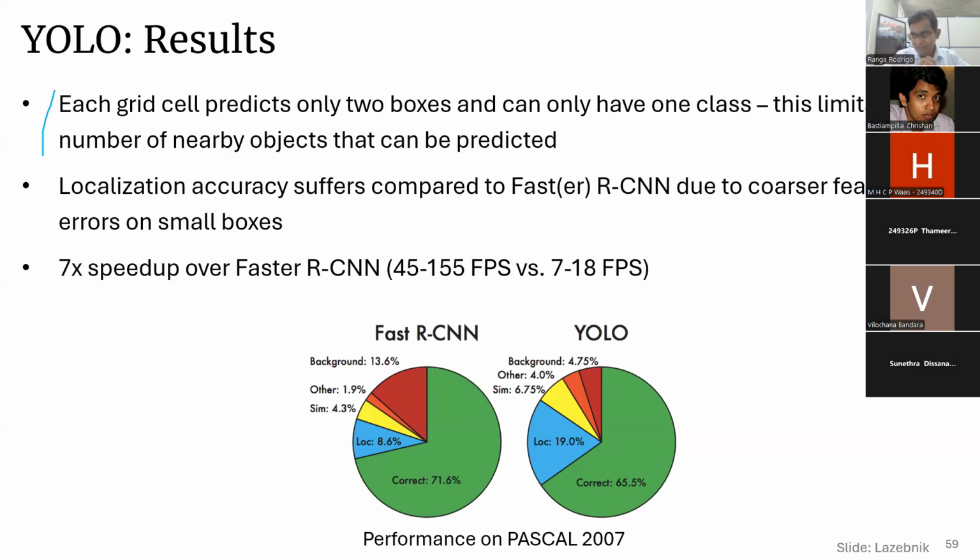YOLO divides the image into a grid. Small objects occupy a tiny portion of that grid cell. Because of that, other objects may cover or overshadow that. So therefore, it works badly with small objects also. These kinds of problems are there. This does not happen in other networks, the two-stage detectors.